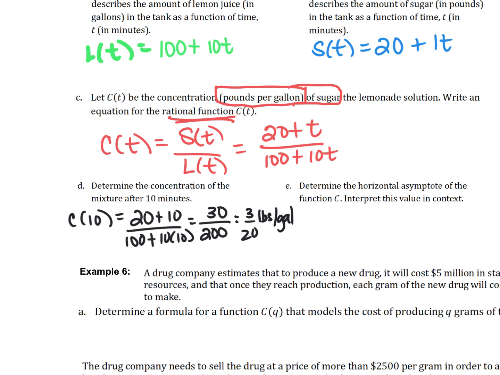All right, and I think the last question is probably my favorite part because it asks us to apply what we know about asymptotes and what they mean in context. So it says to determine the horizontal asymptote of the function C, okay? Remember, when we're looking at a horizontal asymptote, we're looking at the highest degree term of the numerator and the highest degree term of the denominator, okay? If they match, what's my asymptote?